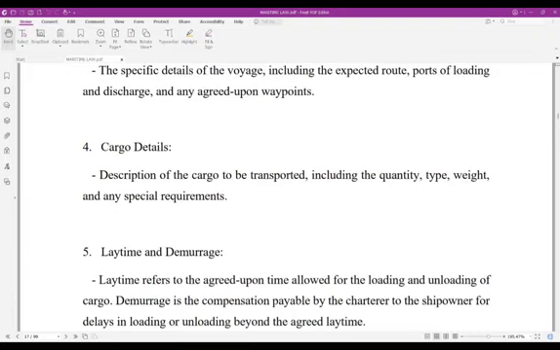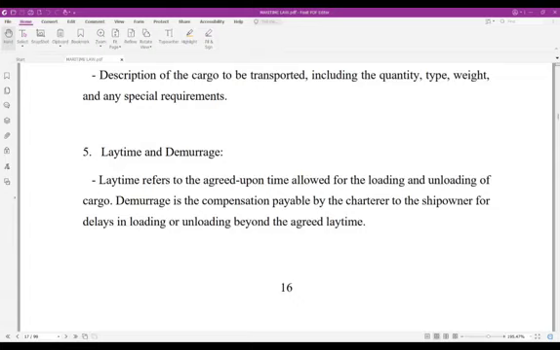Lay time and demurrage. Lay time refers to the agreed upon time allowed for the loading and unloading of cargo. That is the time both parties agreed upon.